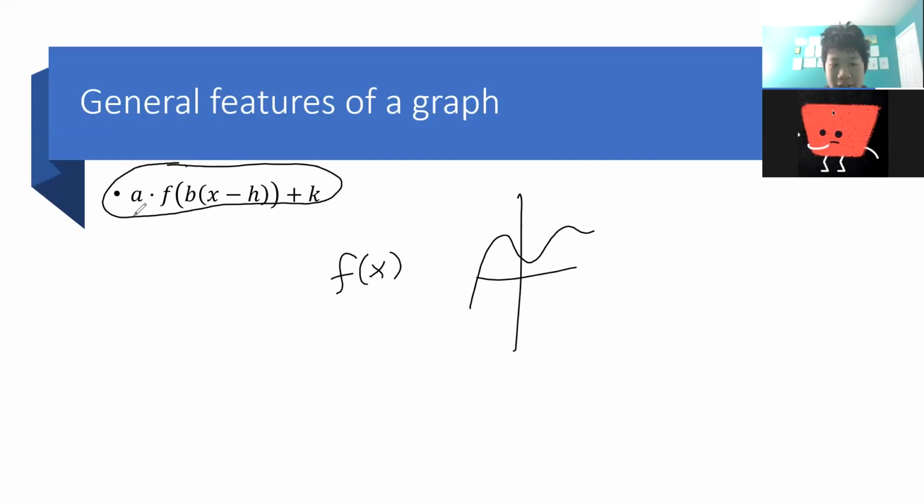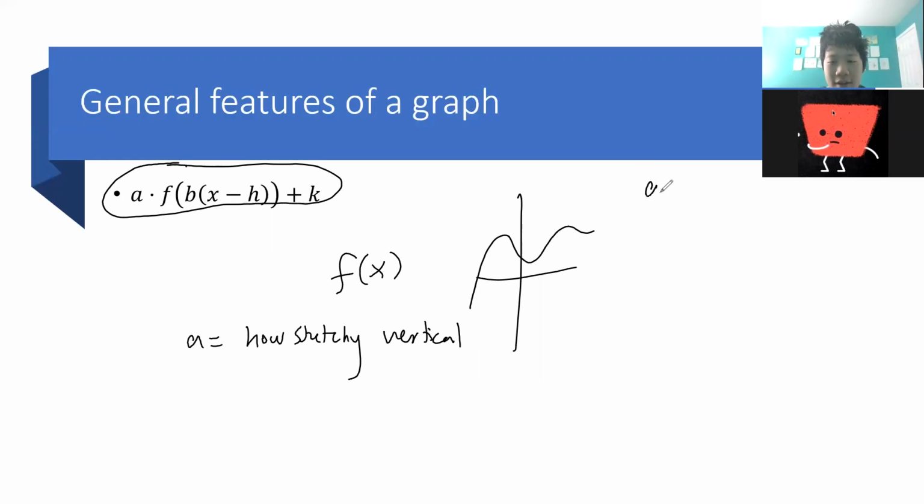So the first one is a. What does a stand for? This is just review mostly, if you already know this from algebra 1, but a is how stretchy it is in the vertical direction. So if a is really big, it's getting really stretchy.